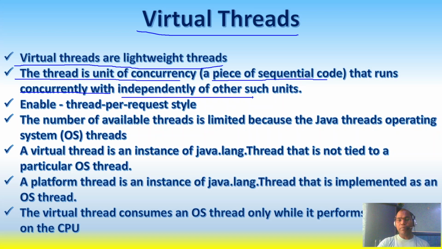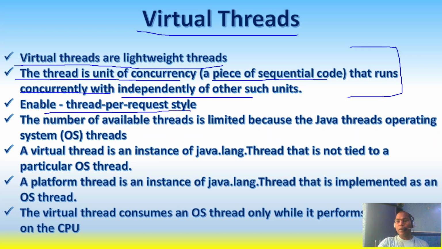Due to this limitation, JEP 425 says we are going to support not platform threads but virtual threads, and virtual threads enable a thread-per-request style, which means for each request our application can create a thread.